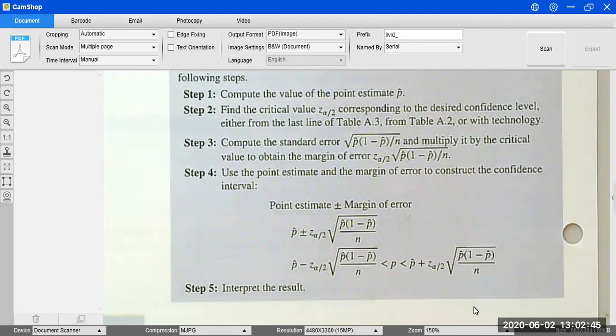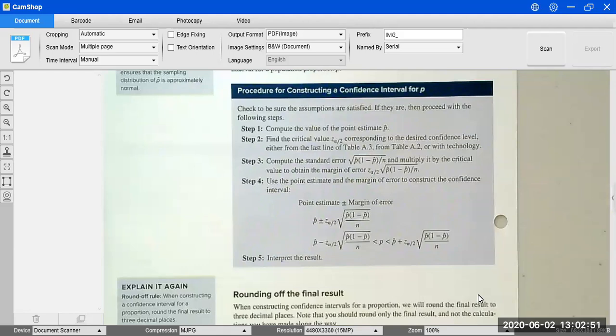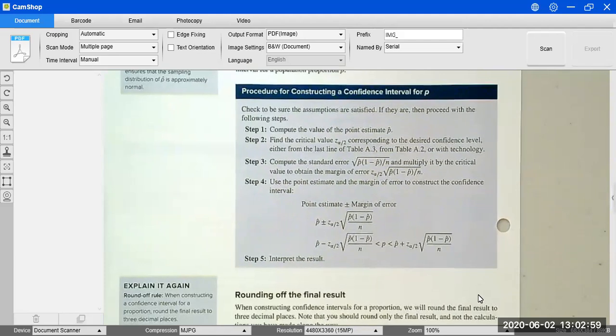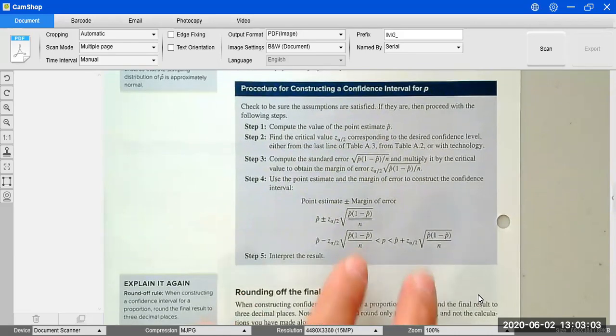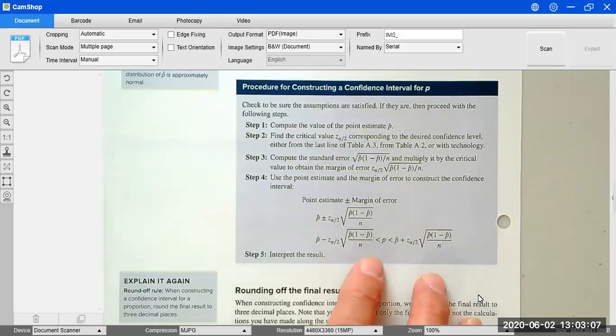However, we're going to use a slightly different method in our case. It's going to be a method that we're going to use in any case, regardless of the size of the sample, because you're going to see later in this chapter that if you have small samples, you cannot use this method. This method is not applicable. So this method is applicable only if you have a large sample.